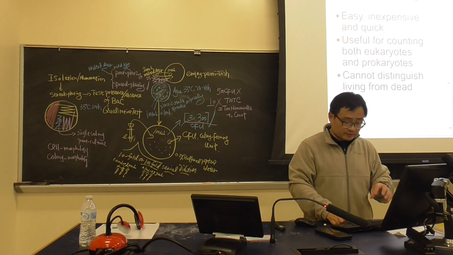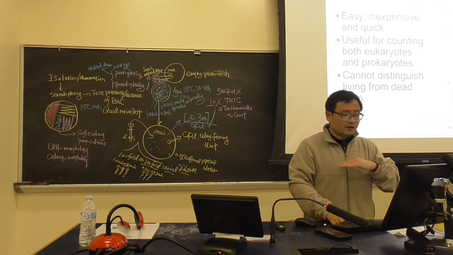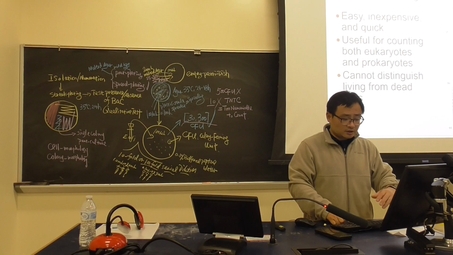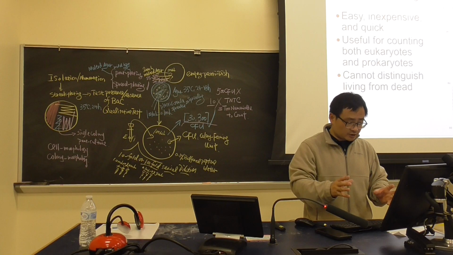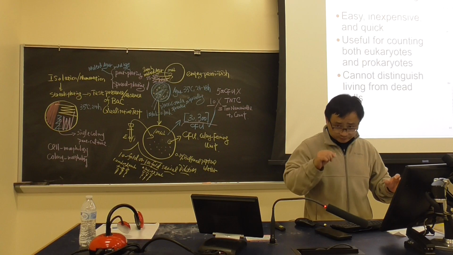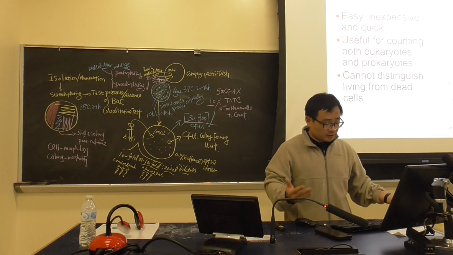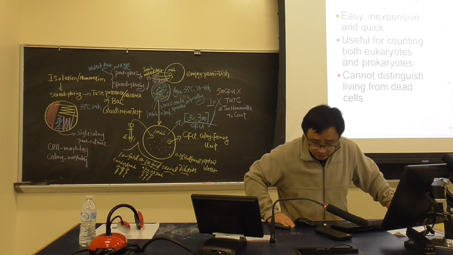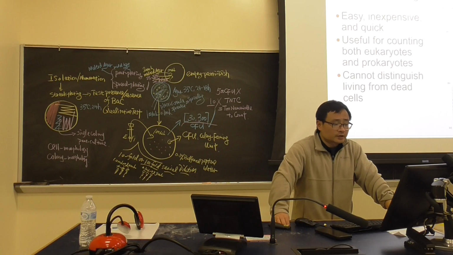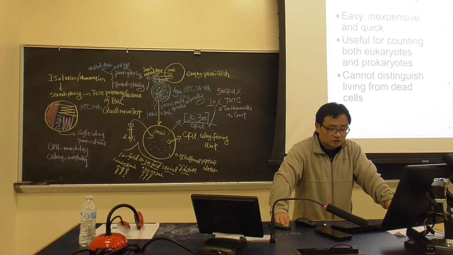You put the liquid in the chamber, cover with glass, and count underneath the microscope. It's very good because it's easy, inexpensive, and quick. It can count both prokaryotes and eukaryotes, which means bacteria and fungi both can be applied.